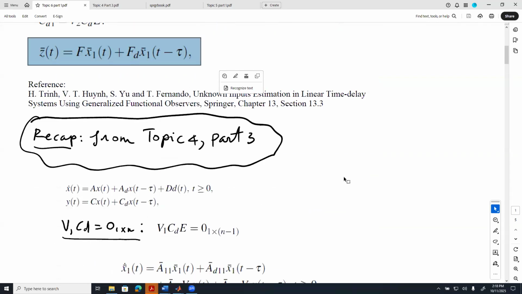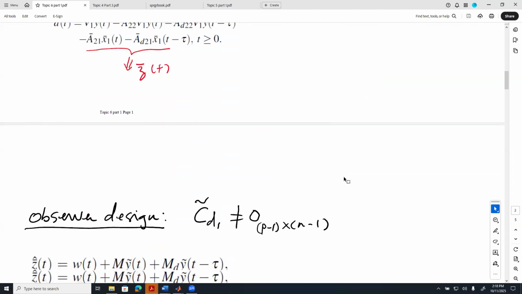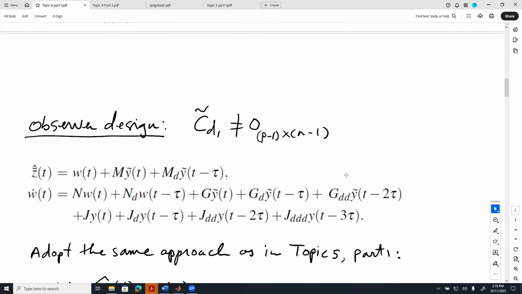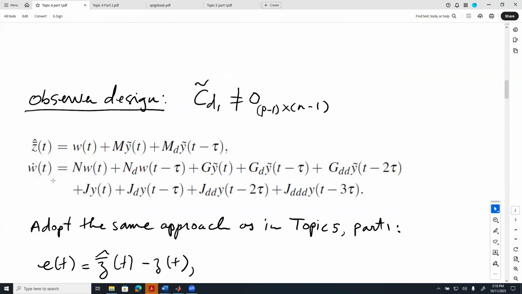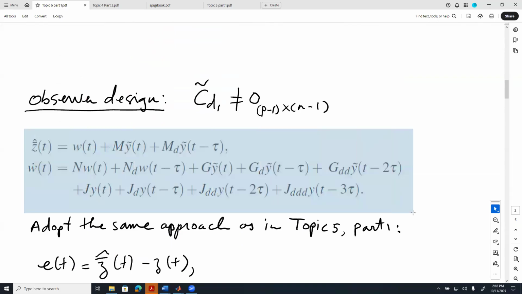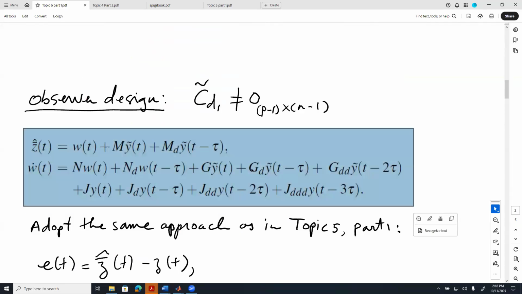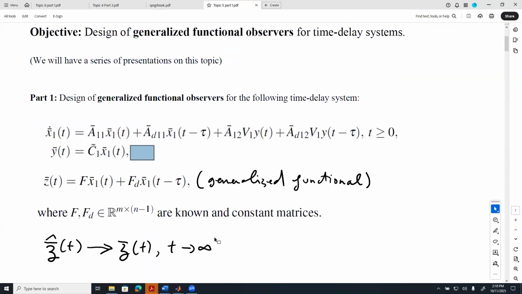What we do in this book is we're going to propose a structure for this generalized functional observer, and it's similar to the one in topic 5, part 1.